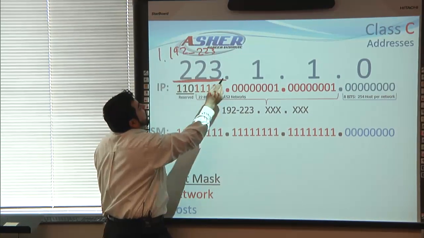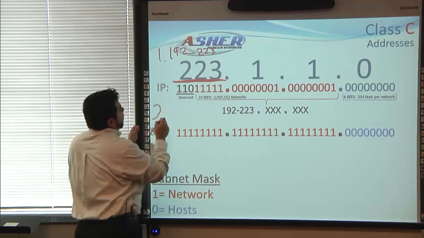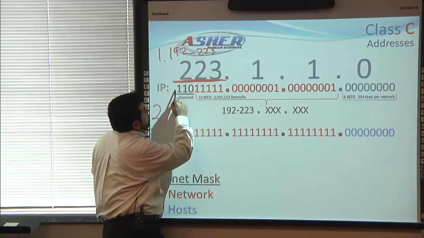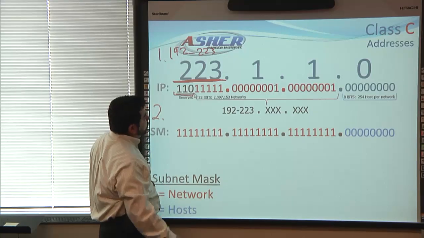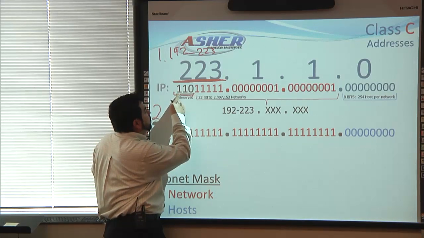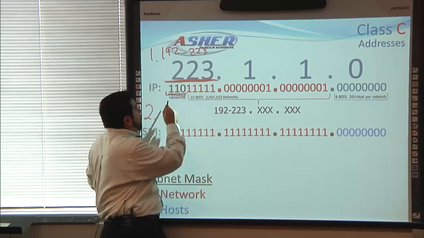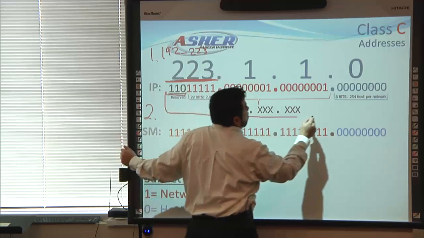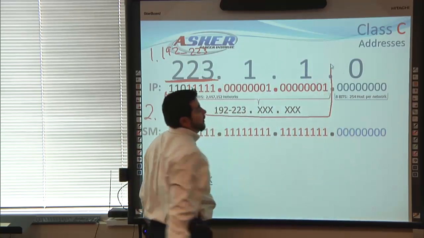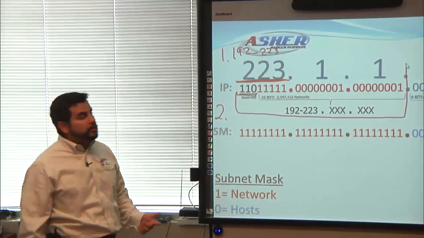Because it's within that range, we know that that's a Class C address. What's the second way we can identify a Class C address? The first 3 binary numbers are 110, but are they network or host? They're network. And notice that in the Class C, we're now using the first 3 octets as part of the network.